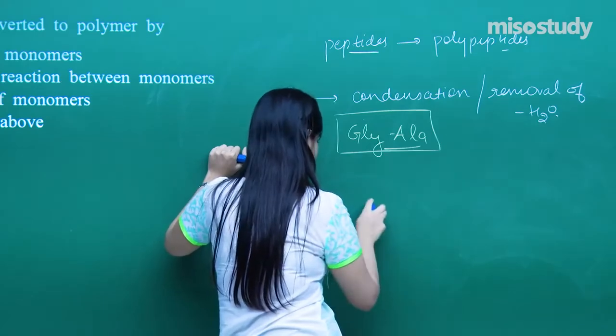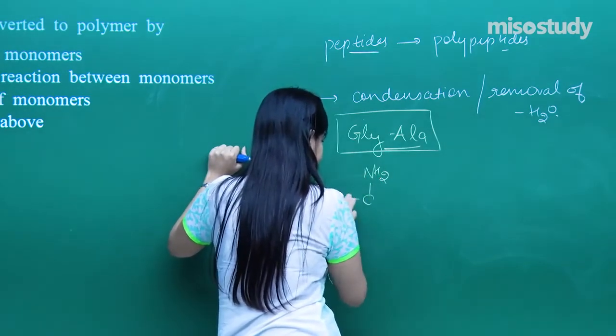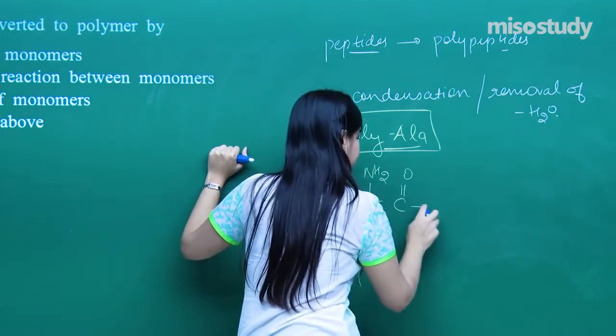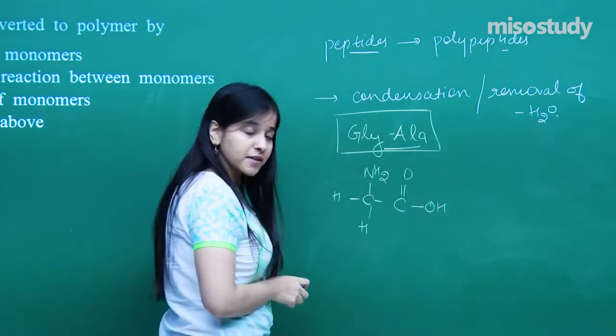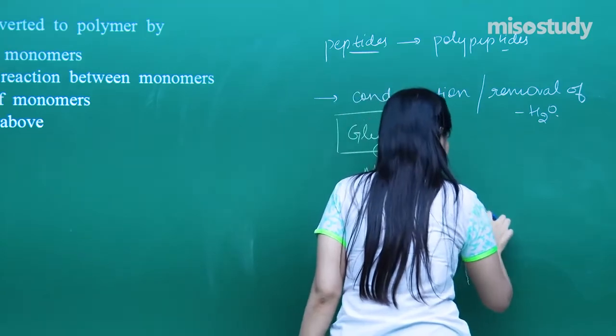Let me just write it again. So I am connecting the two. The glycine would be something like this, and let me just make the alanine.